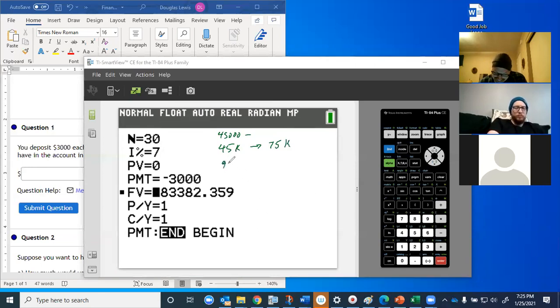And by the way, this was 15 years. Now we put in 90,000, and in 30 years, it grew to 283K. So here we made 30,000 in interest. Here, from 90 to 283 is almost $200,000 in interest.